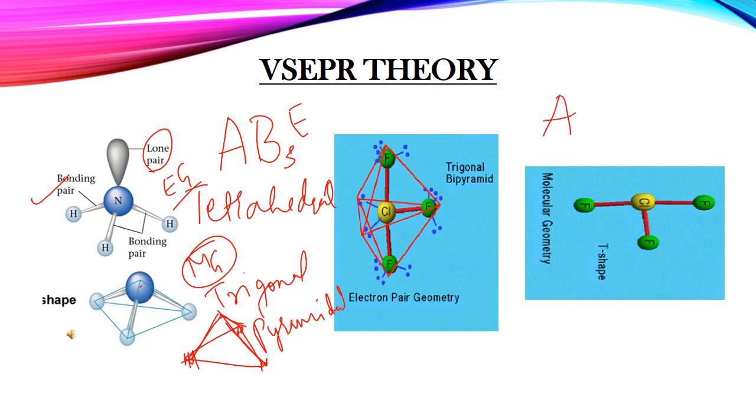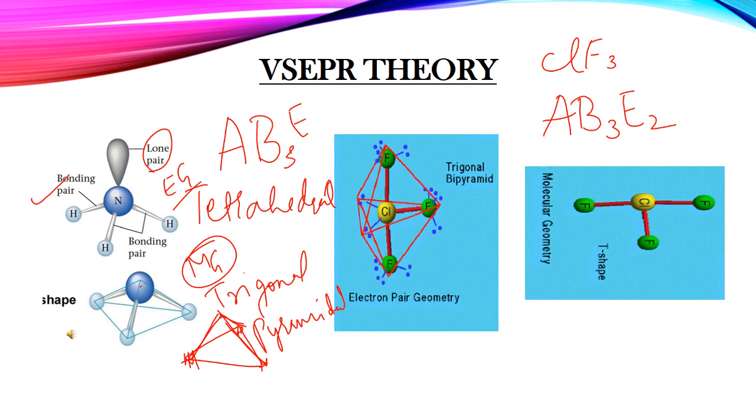Next one is where we have 3 bonded pairs around the central atom but 2 lone pairs. Example for this is chlorine trifluoride.